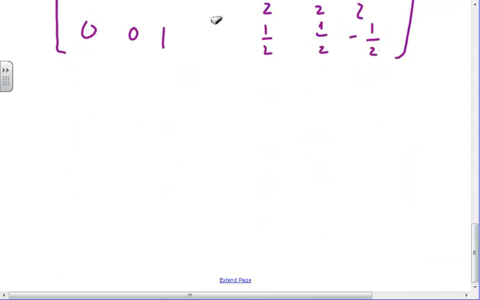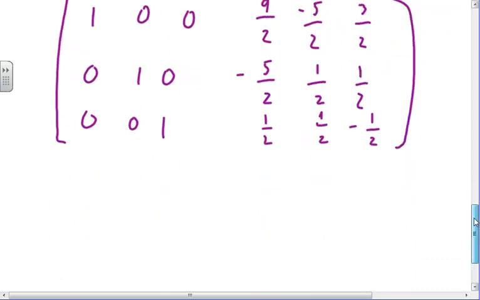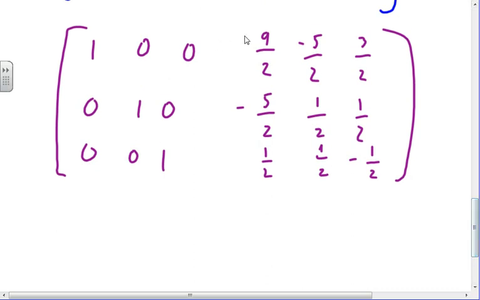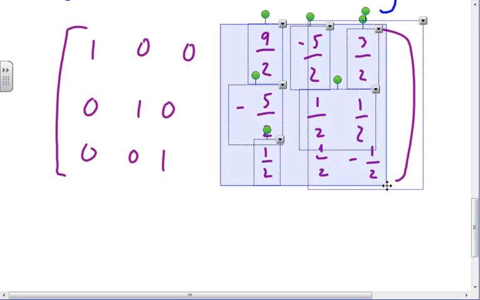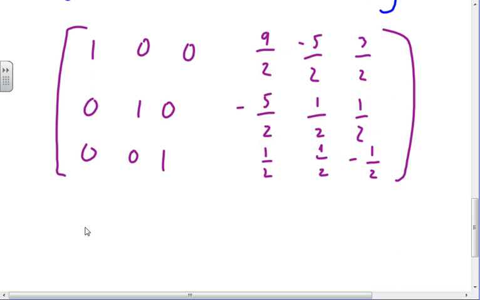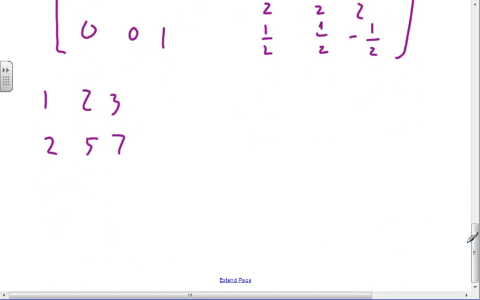Okay, that's fine. So now I'm going to check my work. I'm going to take the matrix that I had, 1, 2, 3, 2, 5, 7, 3, 7, 8.